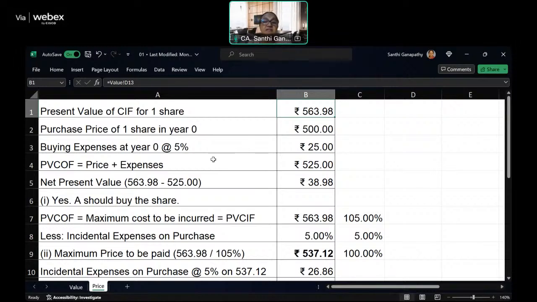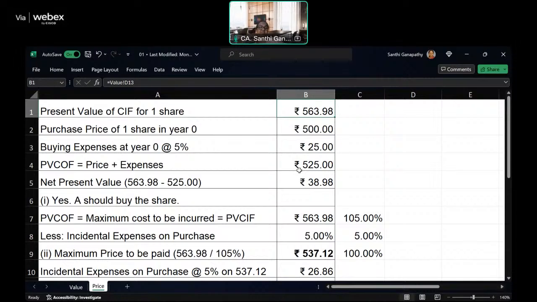We find the net present value, that is, after considering the present value of cash inflow for 1 share, purchase price for 1 share, and buying expenses. So, net present value. So he has to buy the share because the net present value is positive.